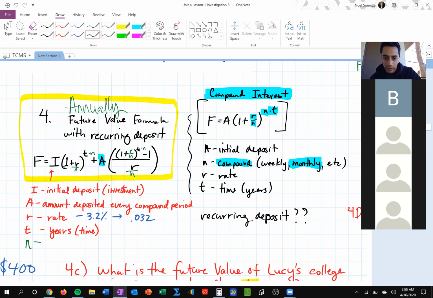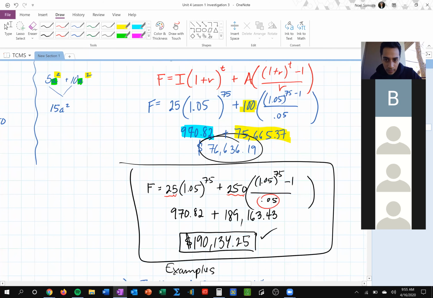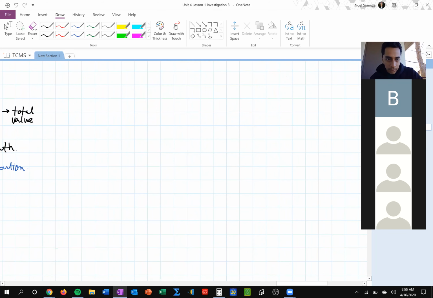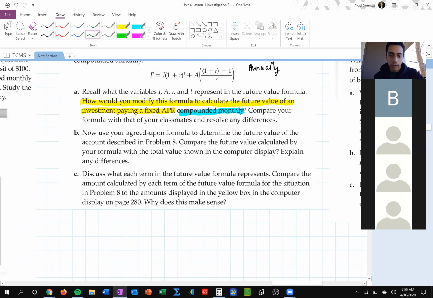All right, so now let's go back to number 9, and then I'll draft it up over here. Okay, so if we wanted a formula that allows us to compound things monthly, or any period in general, what we want to do is keep some of the parts, right?